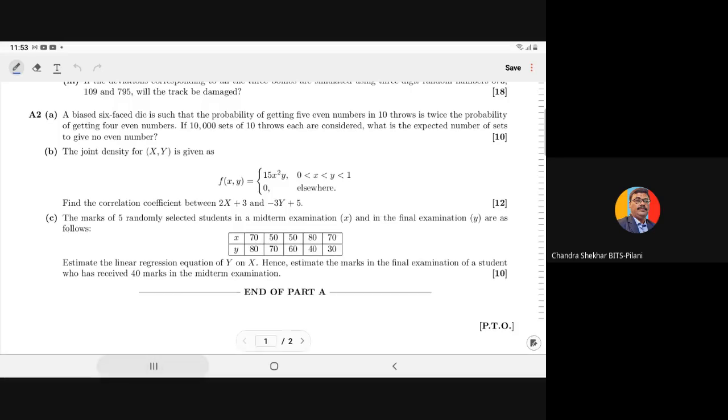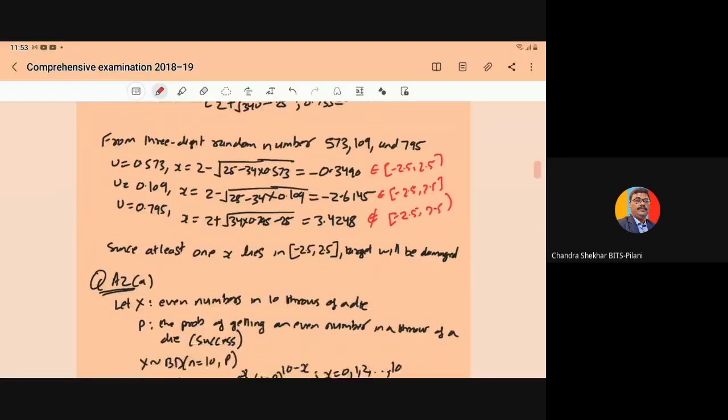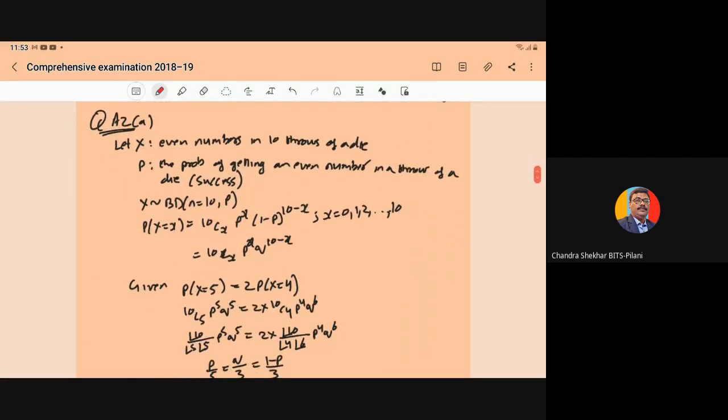this is a question of binomial distribution. So here, first we have to define the random variable properly. Let X be the number of even numbers in 10 throws of a die, and p is the probability of getting an even number in a throw of a die, meaning the probability of success. Probability of getting an even number is the success.